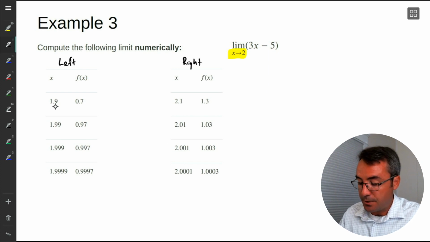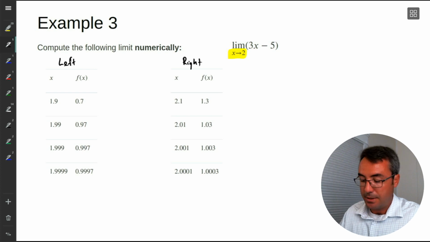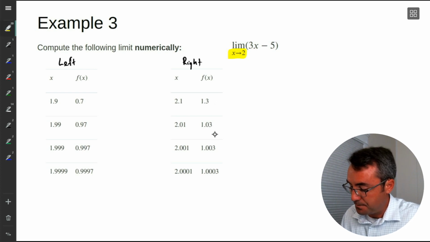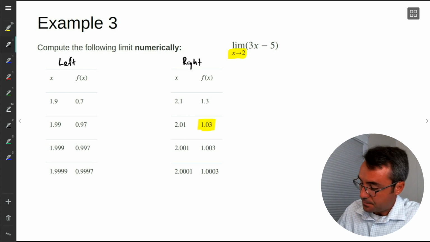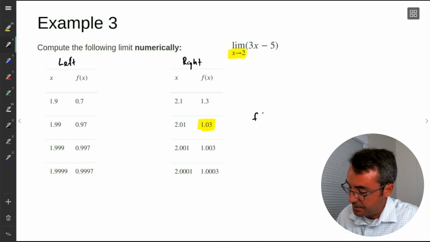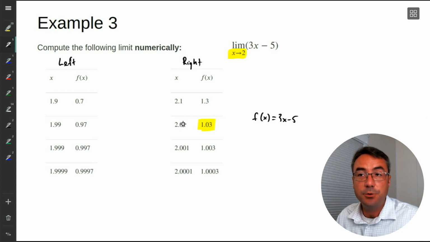What we do here is we take each x value and plug it into our function. Our function here is 3x minus 5. As an example, let's see how we came up with this value right here. Our function is 3x minus 5, and we're going to take this x value, 2.01, and plug it into this function.